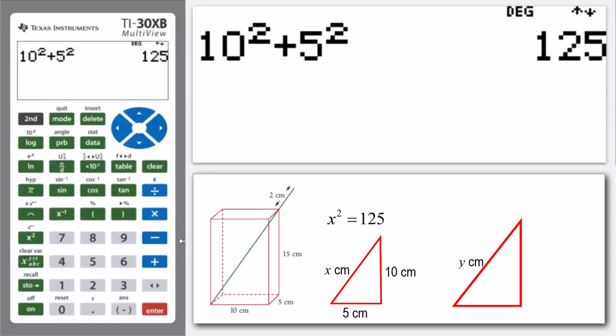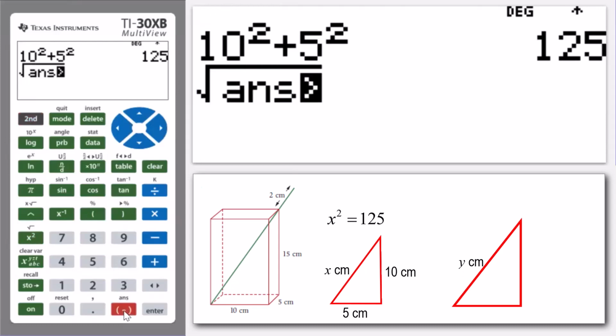So what we're going to do is press second x squared, and that pastes the square root symbol onto our screen. So we're now finding the value of y. We now press second and the negative sign key. We then press the addition key.